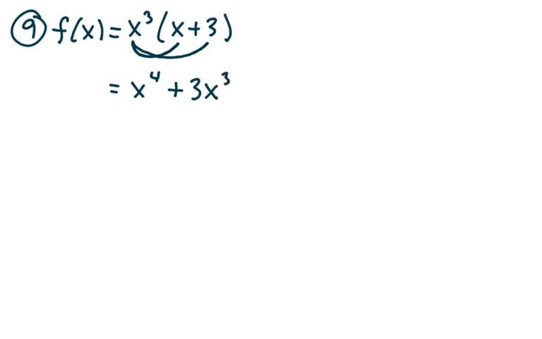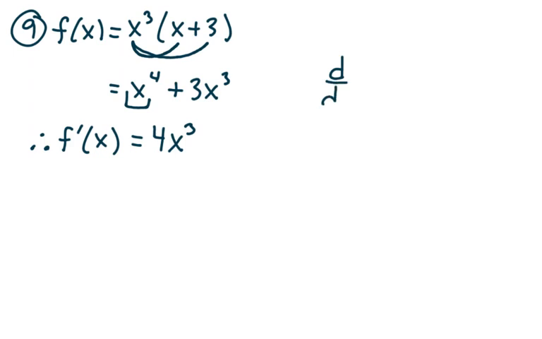And then if I want the derivative, so in other words, if I want f prime of x, the derivative of x to the 4th with respect to x is 4x cubed, right? So we can write that here off to the side if we need to. There's nothing that says we can't write this to remind ourselves.